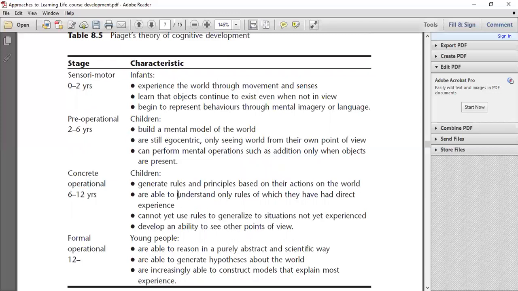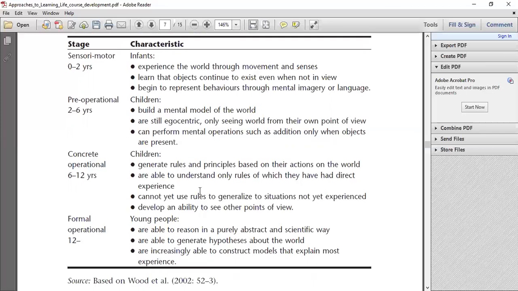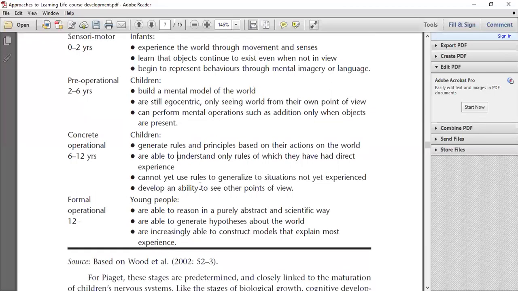So they develop this idea, this information, how to behave when they are at a worship place, how to behave when they're in a school, how to behave when they're in a hospital. That is because of their direct experiences of a certain place or a certain rule or a practice or a procedure, they learn that.